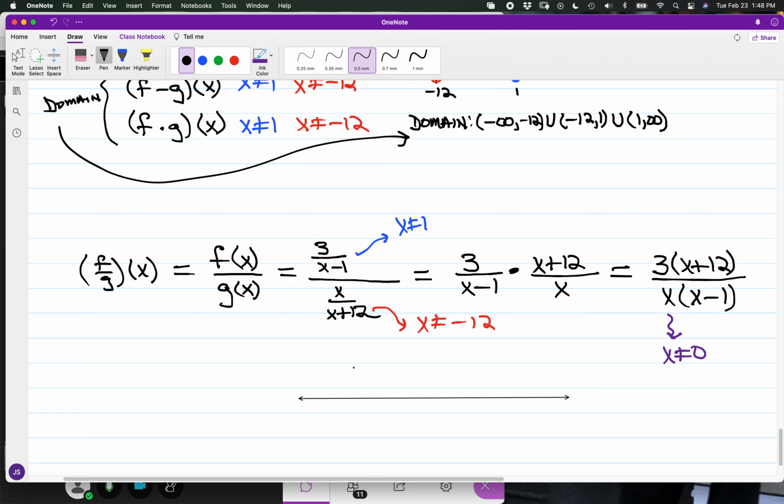And so with the values excluded, we have negative 12, 0, and 1.